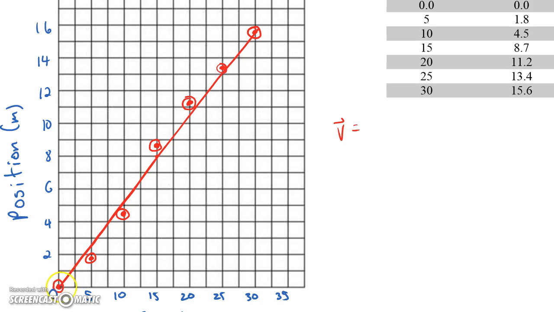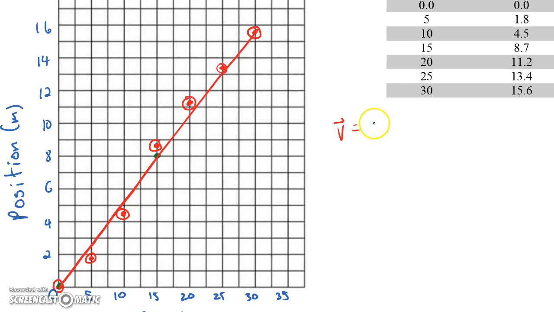I started purposely right here on 0, 0, and I like this point right here at 8, 15. The reason I like that is just because they seem to be pretty close to a consistent line. So I'm going to use those to calculate the slope. If you use something different, that's okay, as long as the number comes out within a reasonable amount. So let's do this calculation here.